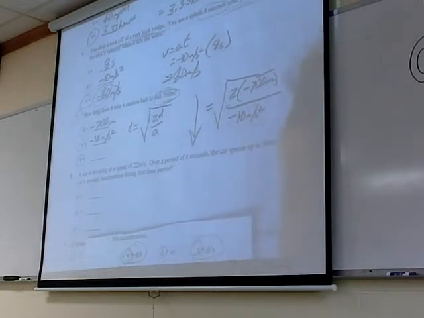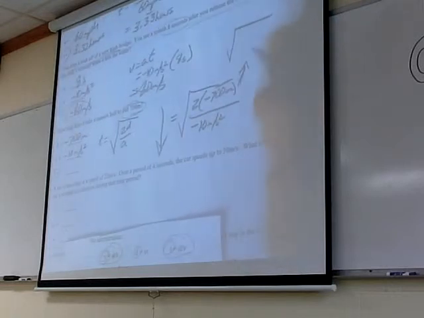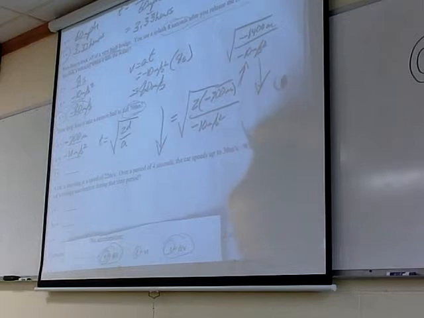And let me just move it up here. Square root of negative 1,400 divided by negative 10 meters per second squared. And running out of room. Square root of 140 seconds squared.